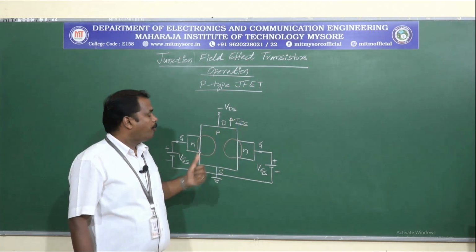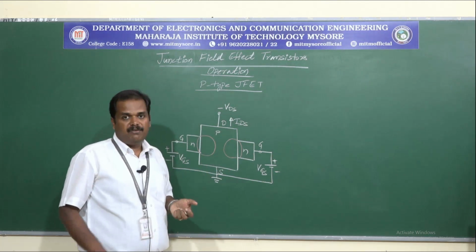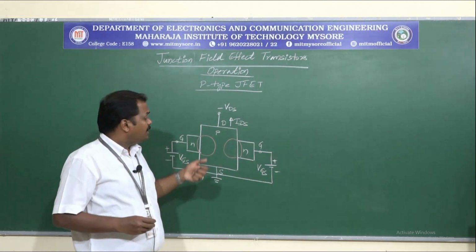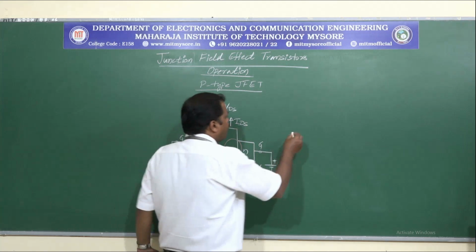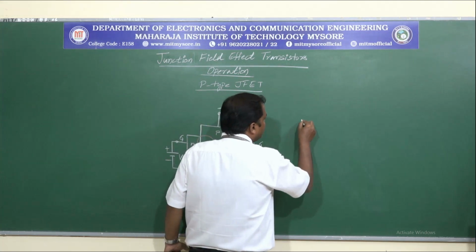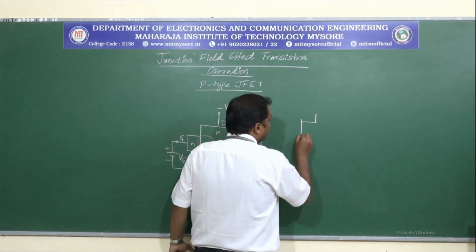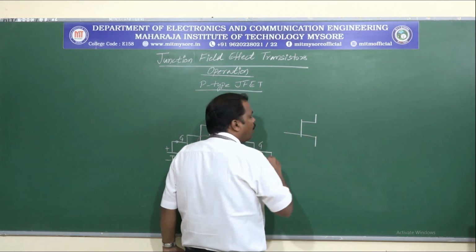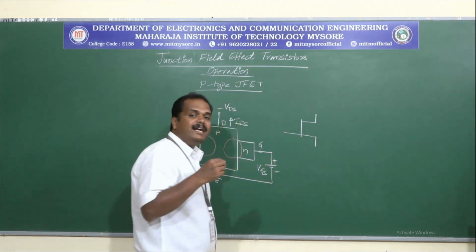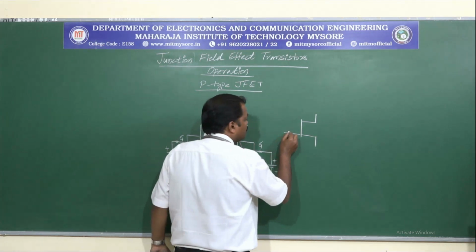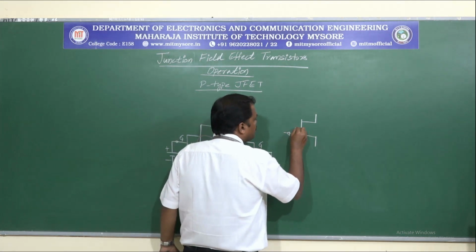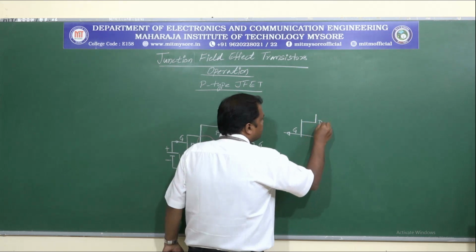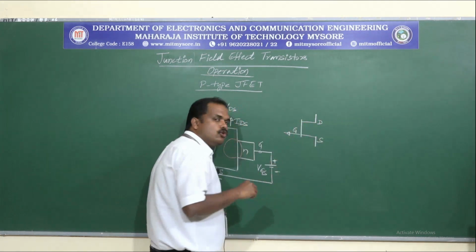So this is the operation of p-type JFET, and the symbol of p-type JFET will be written like this. This looks similar to the symbol of the n-type JFET except for this arrow mark. So this indicates the gate terminal, this is drain, this is source terminal.